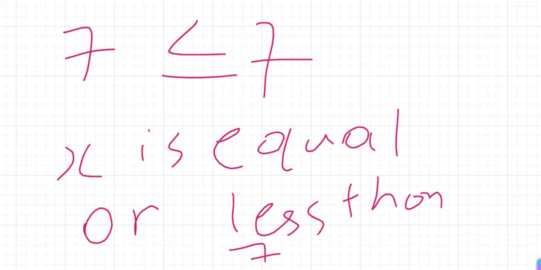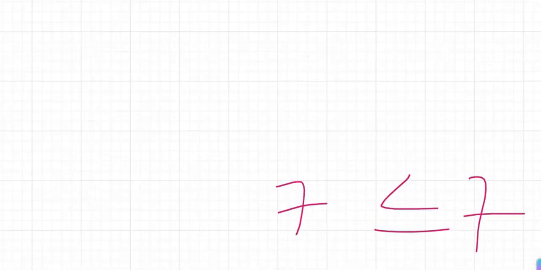And so as we go along trying to understand the inequality symbols, we are actually refreshing our minds, because we would have probably learned this in previous grades, like in lower school.